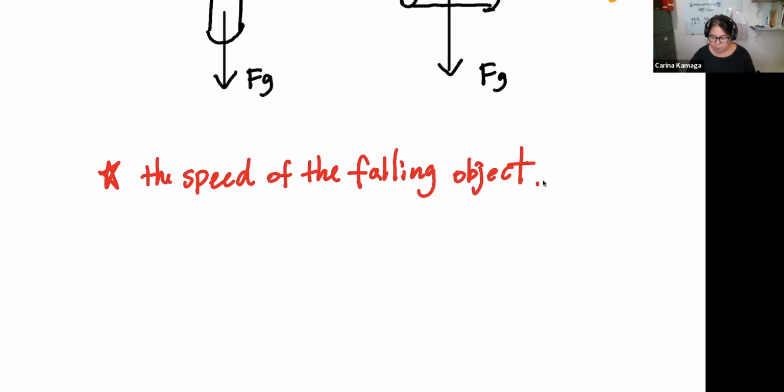The reason is that if the object is falling fast, at a bigger speed, it has more chance of meeting more air molecules. Each time these air molecules make a collision, it slows the object down, which acts like an air drag force. So the bigger the speed, the bigger the resistance.